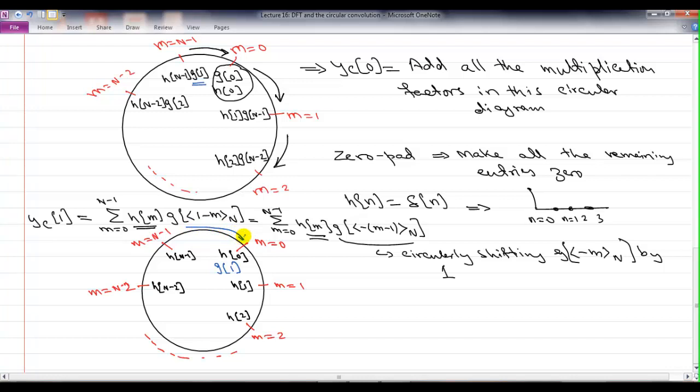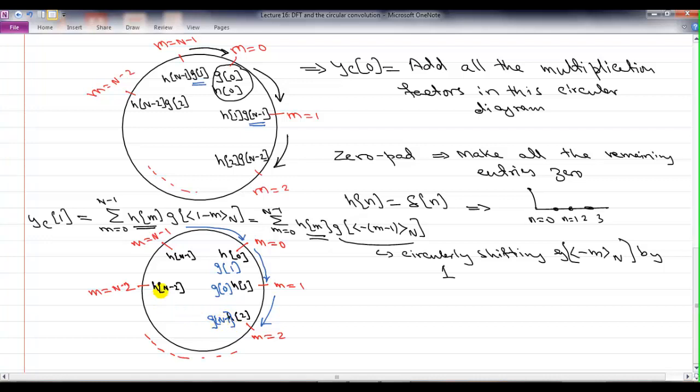Now going forward, at m equal to 1, we will get the value of g which was at m equal to 0 previously. So if we go to m equal to 0, we see we had g of 0, so we now multiply g of 0 with h1. Similarly, we now get g of n minus 1 at m equal to 2, because that is what was previously at m equal to 1.